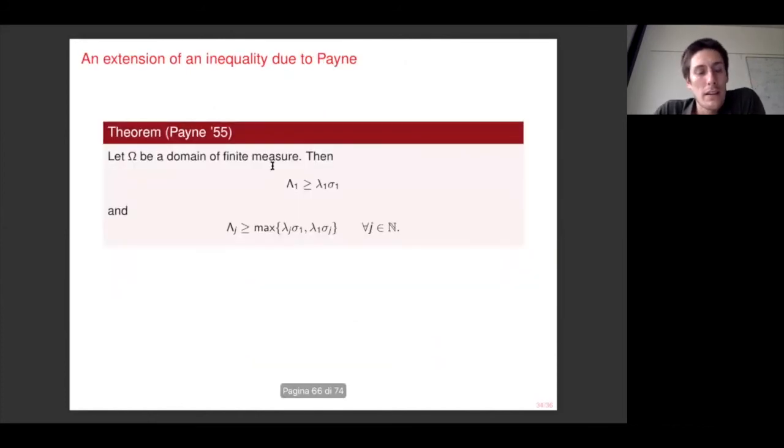So Payne in '55 proved that for a domain of finite measure, this relation between the first eigenvalue of the Dirichlet bi-Laplacian, the first eigenvalue of the Dirichlet Laplacian and the first buckling eigenvalue holds. That is, this relation here holds.